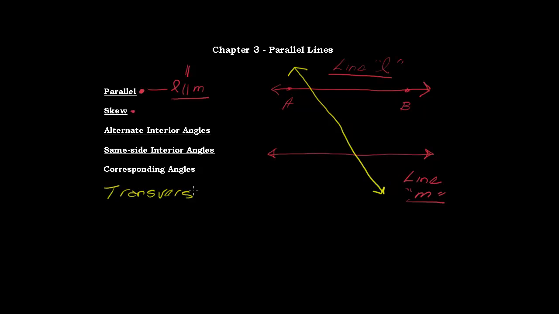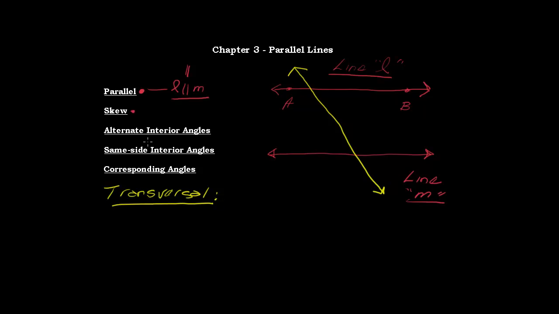And when we say transversal, we're generally going to assume that this line cuts both of these two parallel lines. Now, carefully look at this and look above, inside, and outside these two lines cut by this yellow transversal. You will see that we have 1, 2, 3, 4, 5, 6, 7, 8 resulting angles. These resulting angles all have specific names.